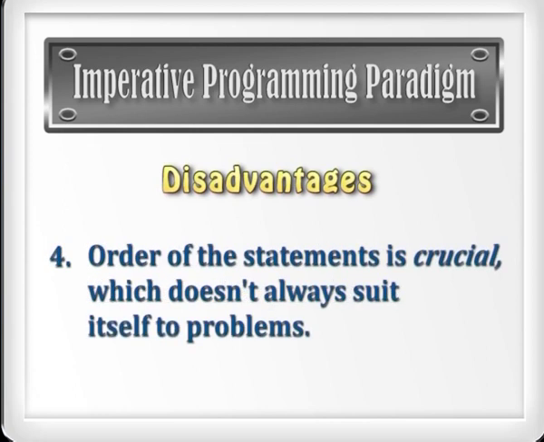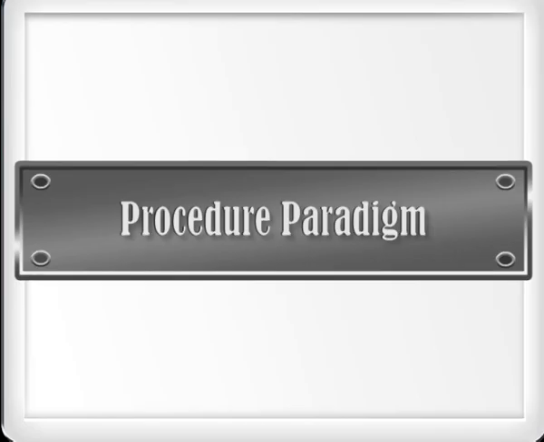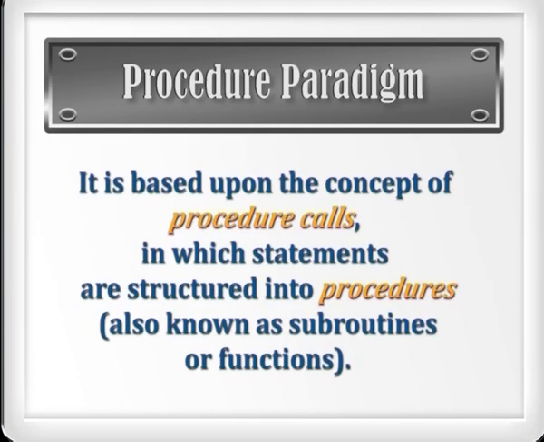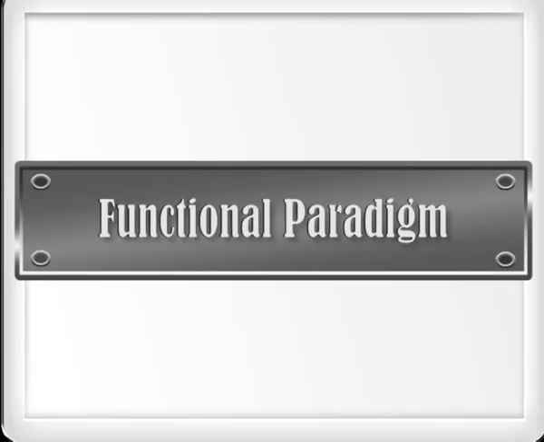Fourth, the order of the statements is crucial, which does not always suit the problem. A subtype of the imperative programming paradigm is the procedural paradigm. It is based upon the concept of procedure calls, in which statements are structured into procedures, also known as subroutines or functions.